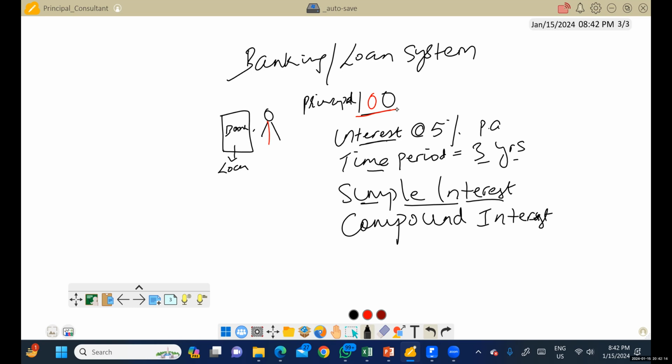Next year, again you pay him 5 rupees as interest. Every year, when you're paying 5 rupees as interest, this is a simple interest. When this interest gets added to the principal amount every year, and you're being charged interest on the added principal amount, then that is compound interest, which we will learn.